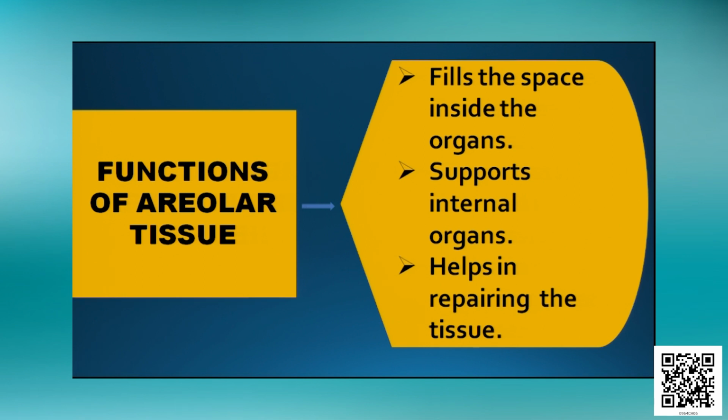Areolar connective tissue, what do they do in our body? Okay. So, they fill the space inside the organs, for example, bone marrow. They support the internal organs. Also, they help in repairing the tissues. When we get any injury, any wound, gradually it is repaired. So, areolar tissue also plays a major role in that.